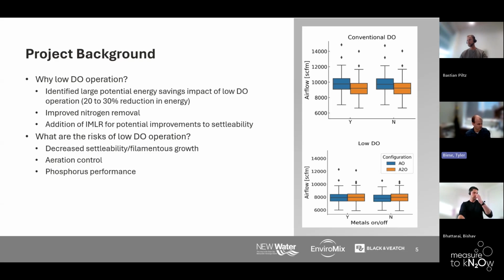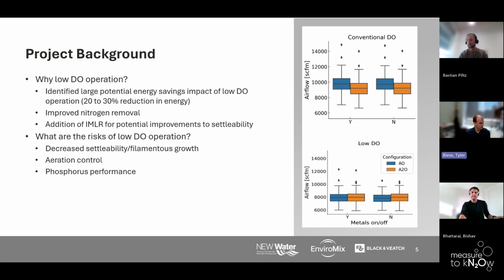We also added a mixed liquor recycle pump for nitrogen removal, but primarily for improvements to our settleability and final clarifier performance capacity, just to see how that would impact our facility. And then we also wanted to evaluate some of the risks associated with low DO, like how it would impact our settleability or filamentous growth.